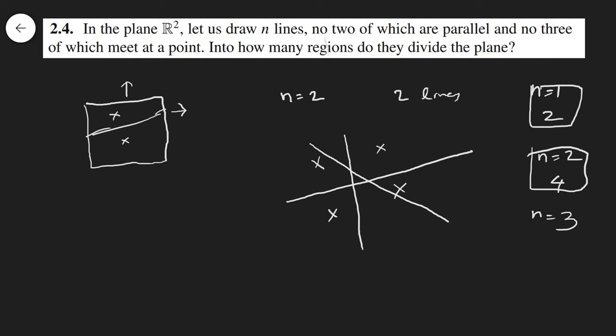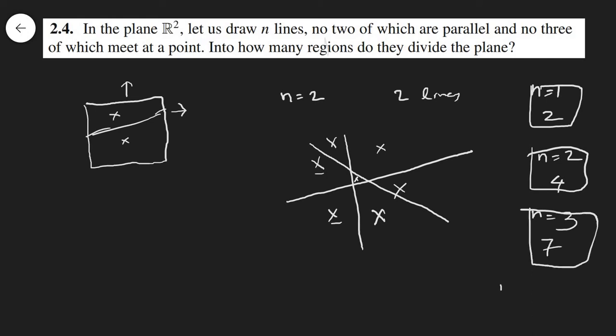So we'll count the number of regions. Let's say this is the first region. Okay, now this is the second region, third, fourth, fifth, sixth, and there is a small region here. So n equals 3, we get 7.